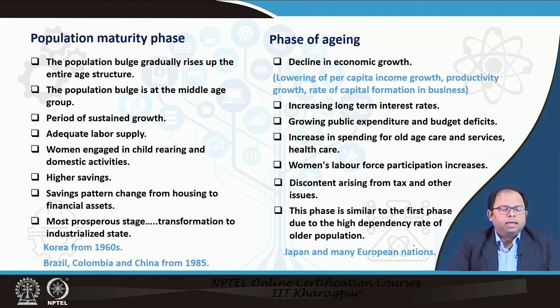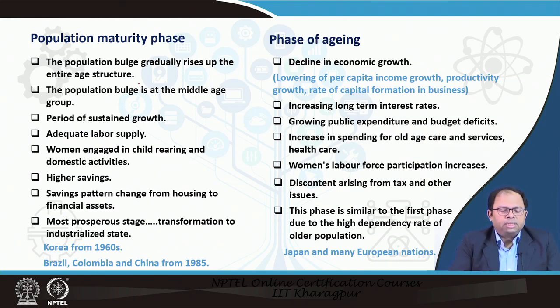So then comes the population maturity phase. The young adults now move on and become matured, and the population bulge gradually rises up the age structure. The middle age group is now the biggest bulge, and this is a period of sustained growth because middle aged people have experience, they have connections and so on.